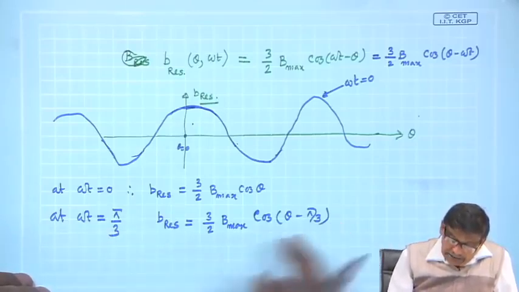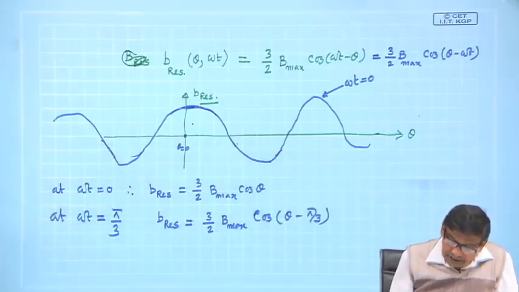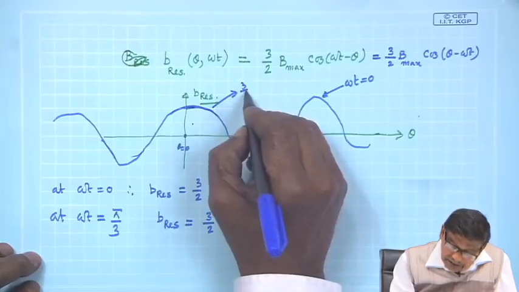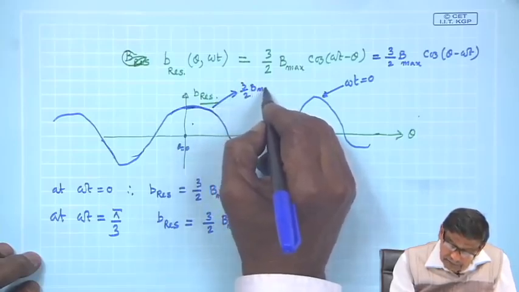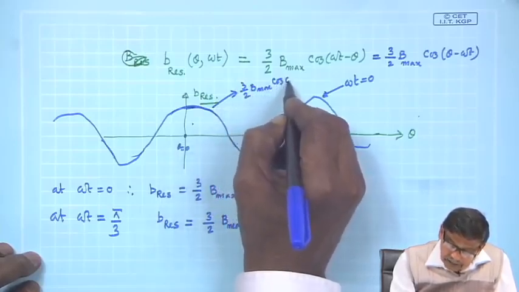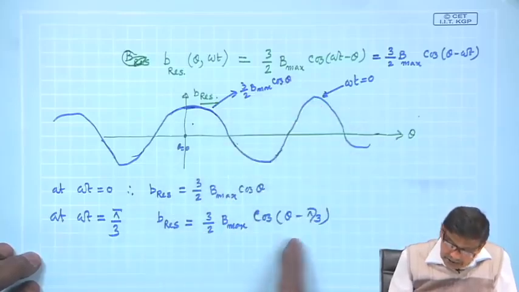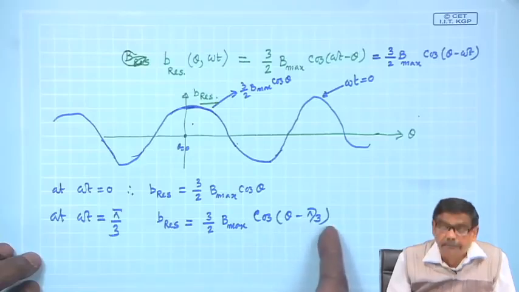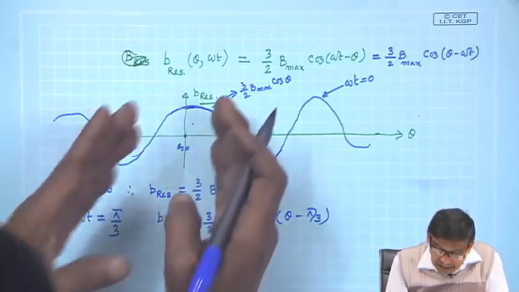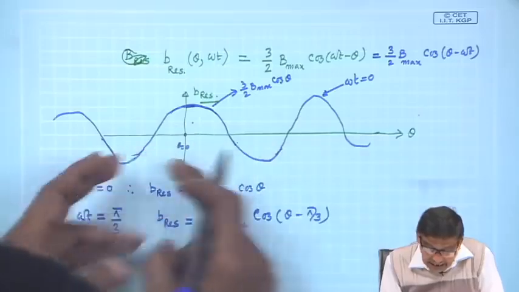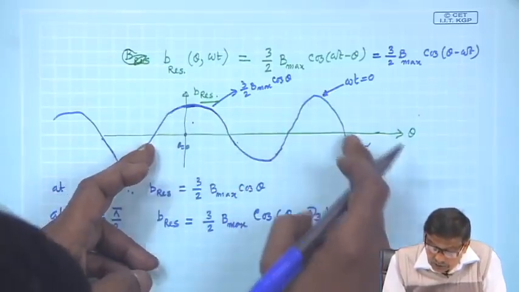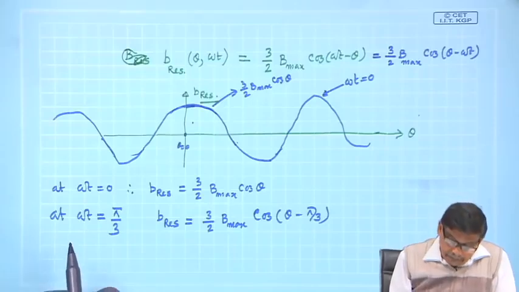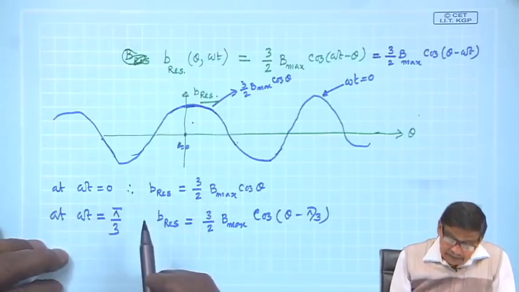So, it will be like this, and this waveform also I can draw. The equation of the earlier curve is 3 by 2 B max cosine theta, and now I am asking you to sketch 3 by 2 B max cosine theta minus pi by 3. It means the same waveform lagging the omega t equal to 0 waveform by an angle of 60 degrees.